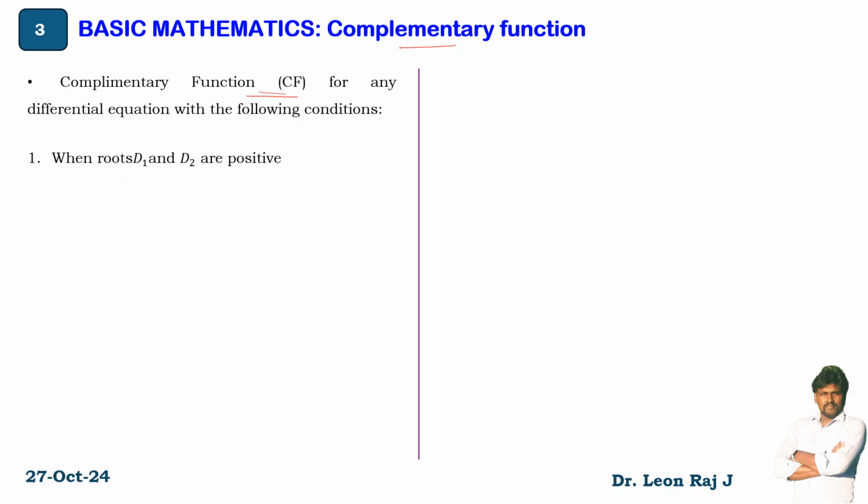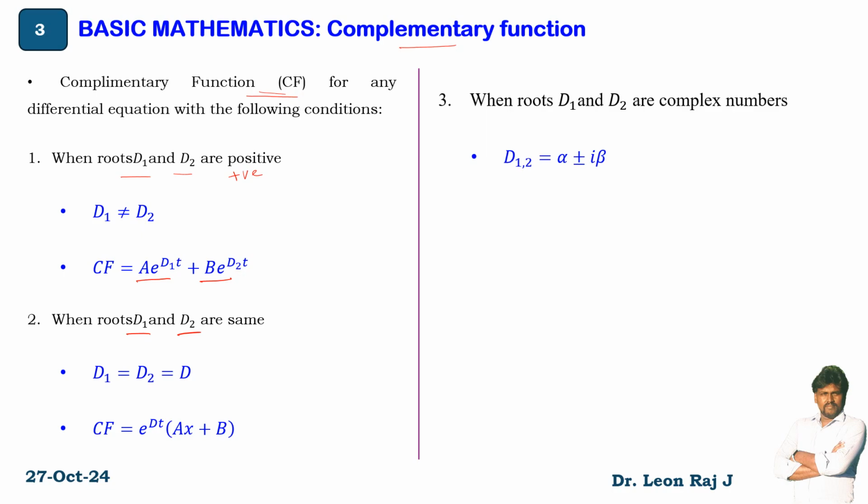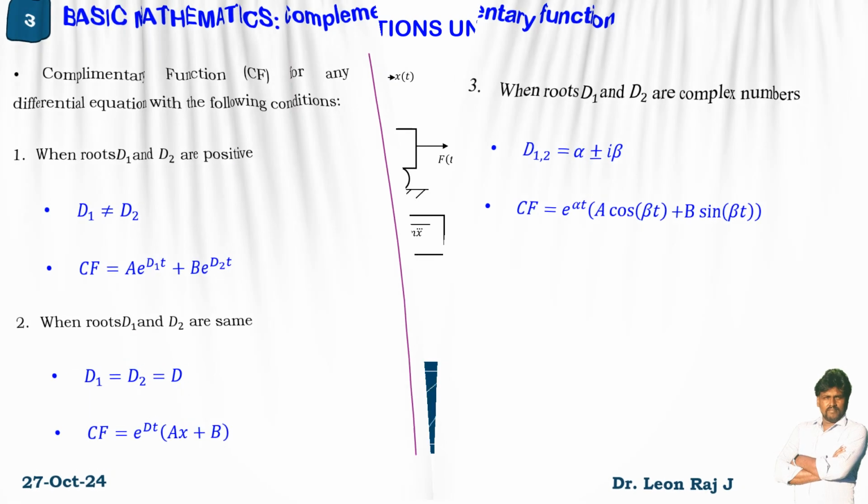When the roots d1 and d2 are real, then the complementary function is equal to A e power d1 t plus B e power d2 t. When the roots are the same, that is d1 is equal to d2 equal to d, then the complementary function is equal to e power dt into (Ax plus B). When the roots d1 and d2 are complex numbers, alpha plus i beta, then the complementary function is equal to e power alpha t into (A cos beta t plus B sin beta t).